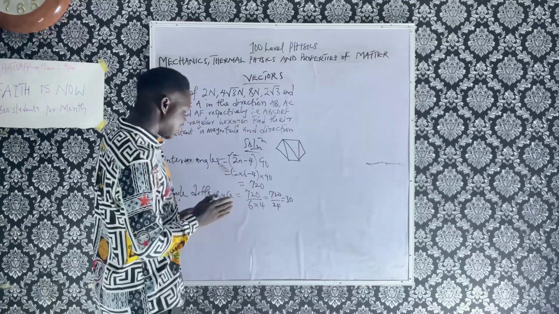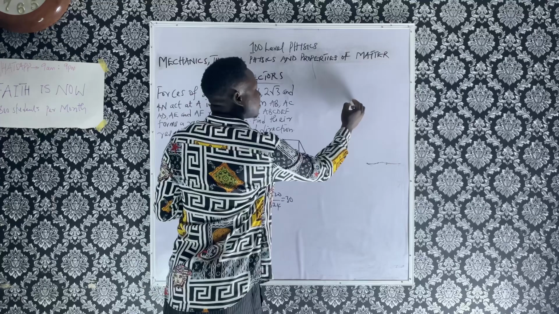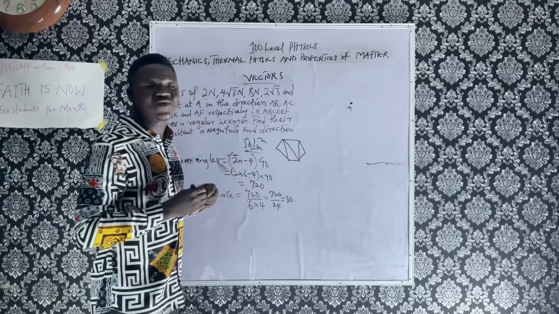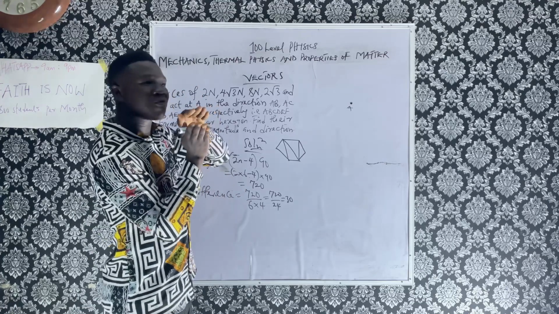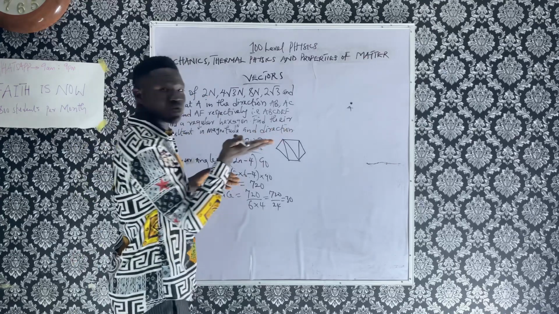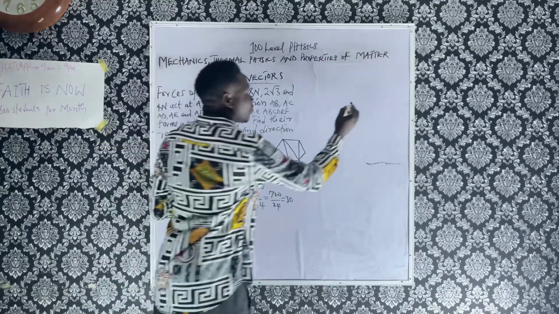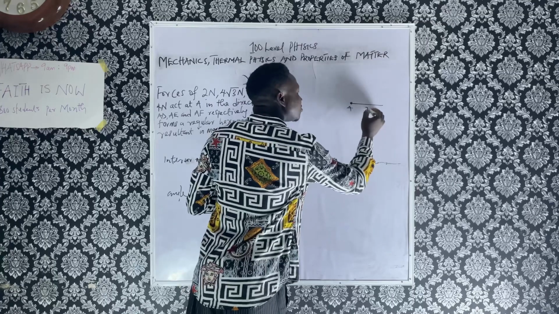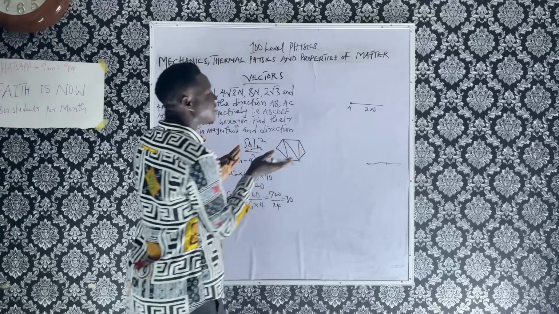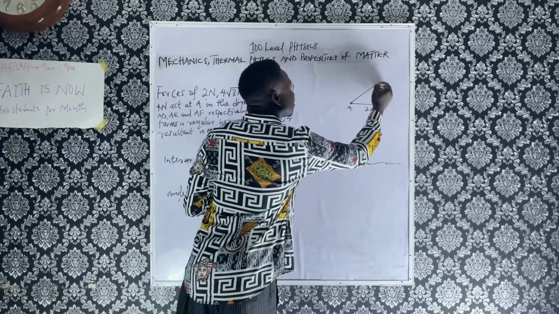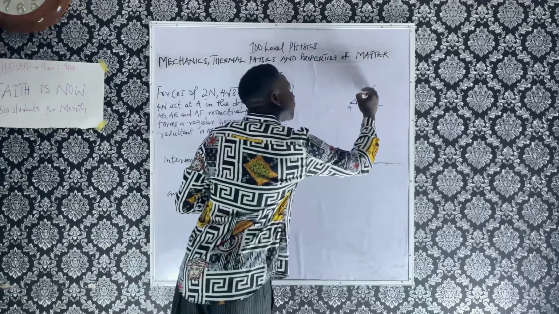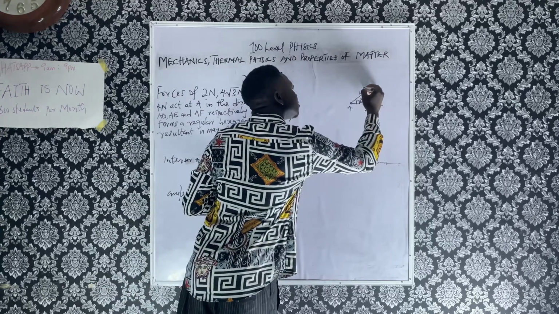So if I'm to draw this diagram now, let's assume this is the point A. For reference sake, since we are starting from the beginning, the first force here will be acting at 0 degrees. It will just be acting horizontally. So this is the 2 Newton force, that's the first force. Then the difference between the next force becomes 30 degrees, and that's 4 root 3.